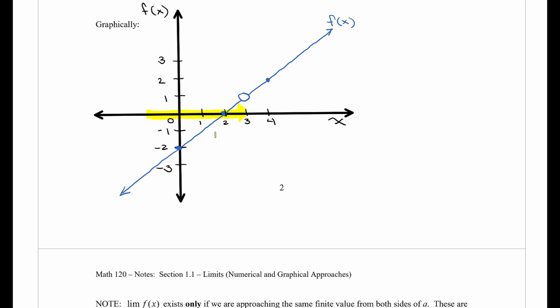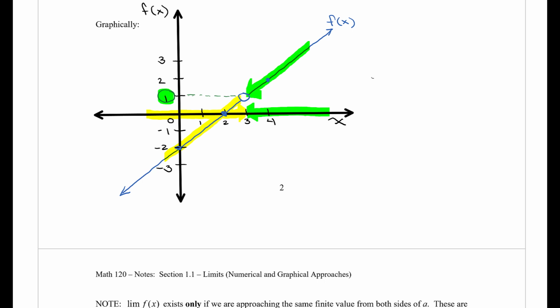Notice what's happening on the function itself. As I'm approaching x equal to 3 from the left, it is approaching the y value of 1, and I'm drawing a dashed line out towards the y-axis where it has 1, and I'm circling the 1 value. I'm also going to highlight in green coming in from the right, both on the x-axis as I'm getting to 3 and on the function as I'm getting closer to x equal to 3.